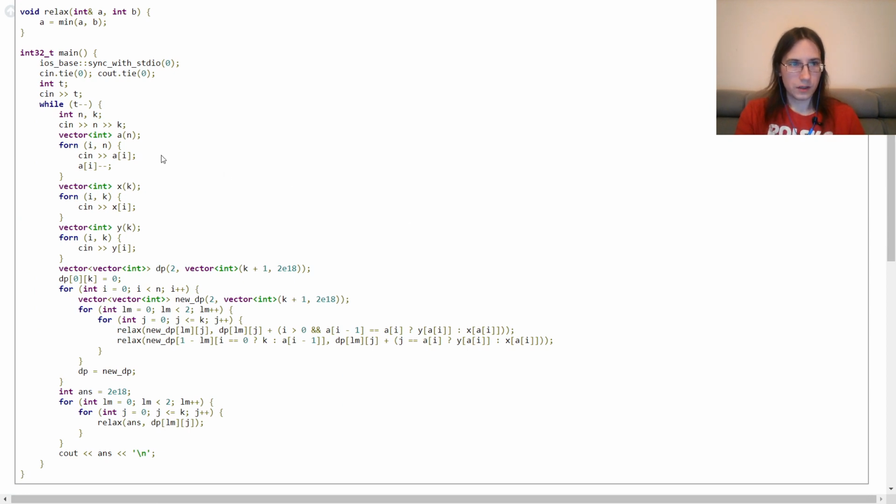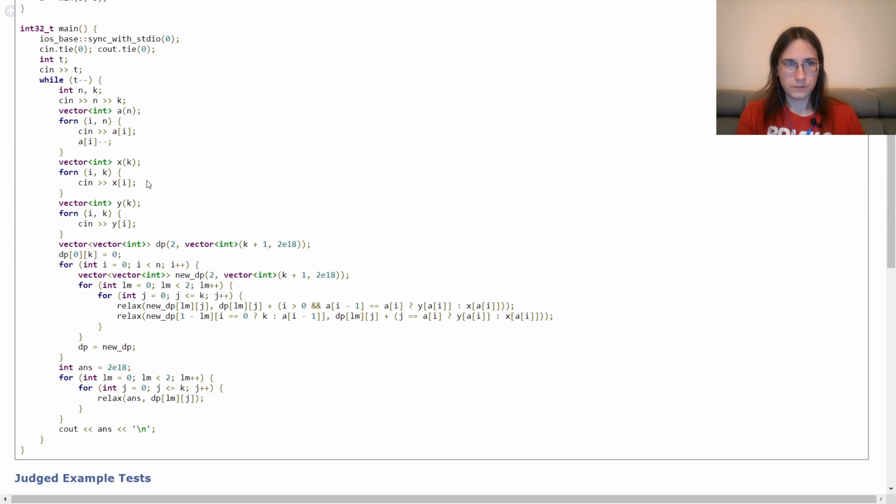Okay. Read the sequence, then these are the full prices, these are the decreased prices for each value, for each value from 0 to k minus 1. I've also shifted all the values so they are from 0 to k minus 1. I also have an additional auxiliary value k.